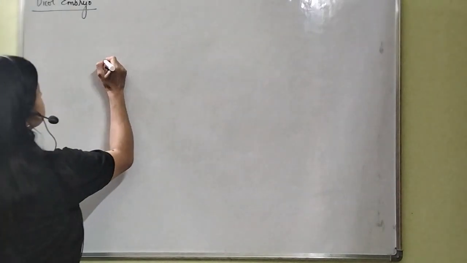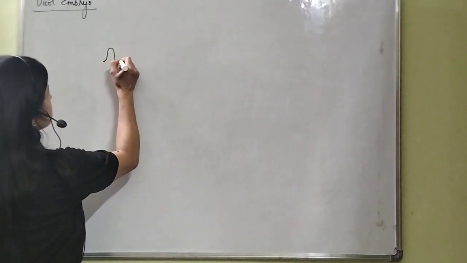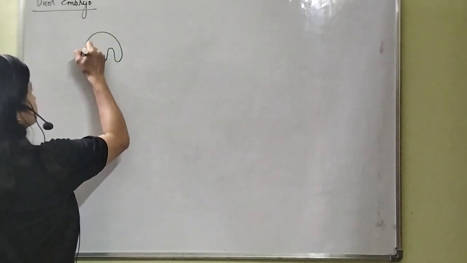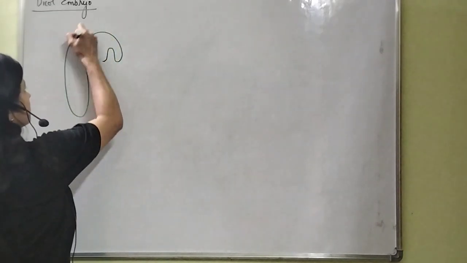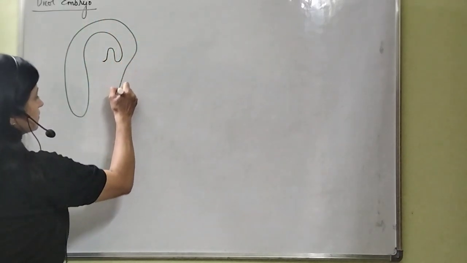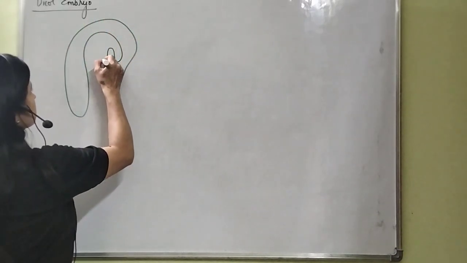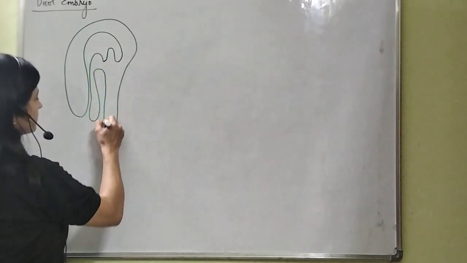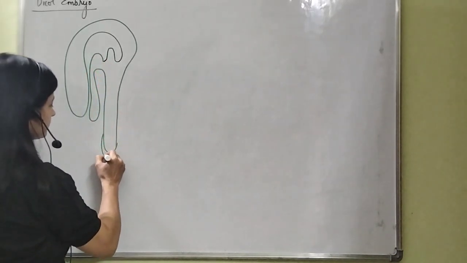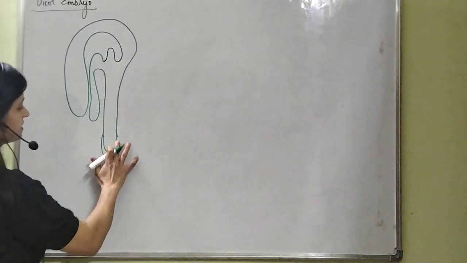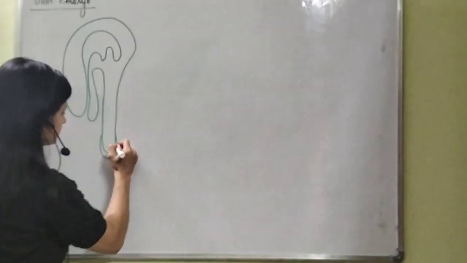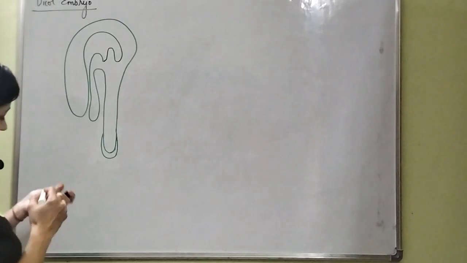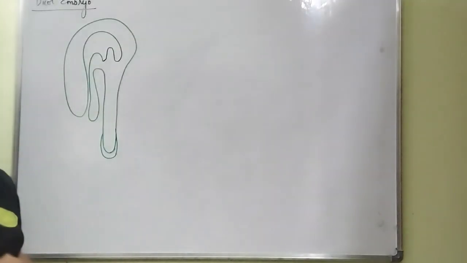Just see here. एक रफ सा मैं डायग्राम बना रही हूँ बेटा आपको समझाने के लिए. Clear? So here we can see a dicot embryo.